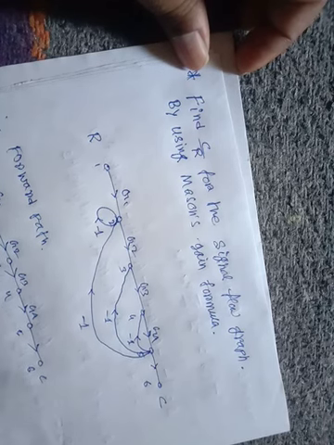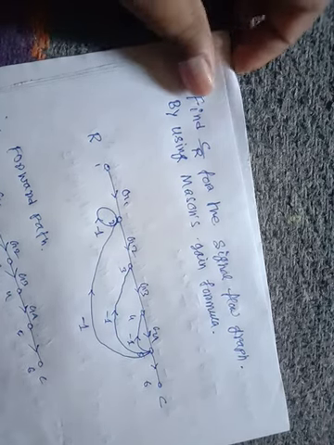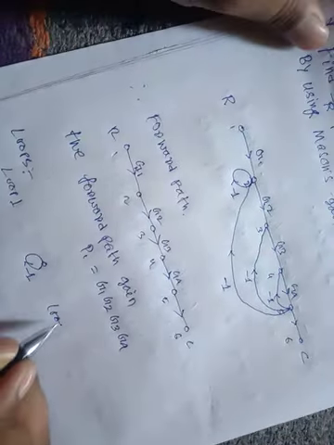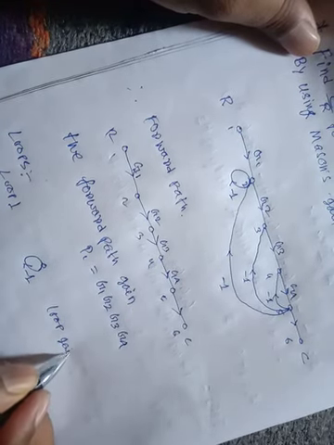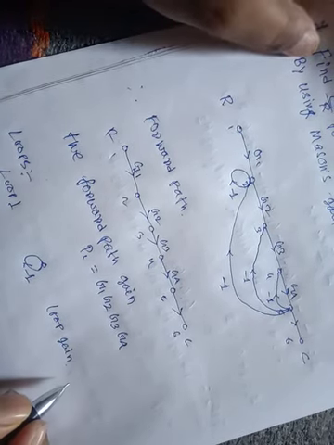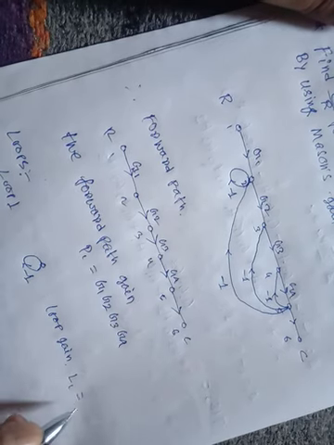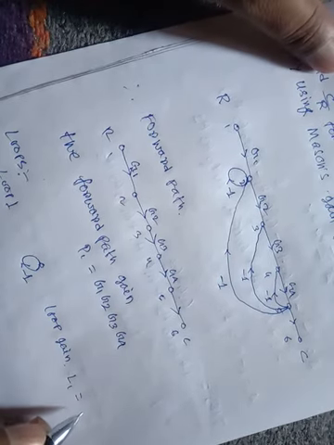Therefore the loop gain L1 is equal to -1.